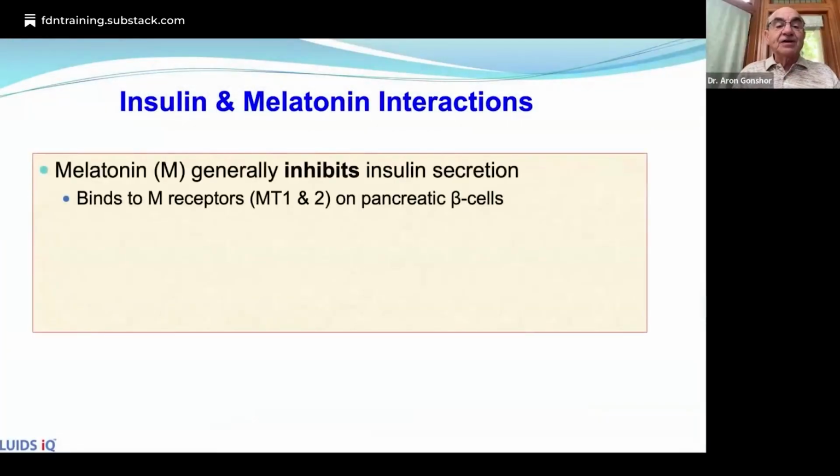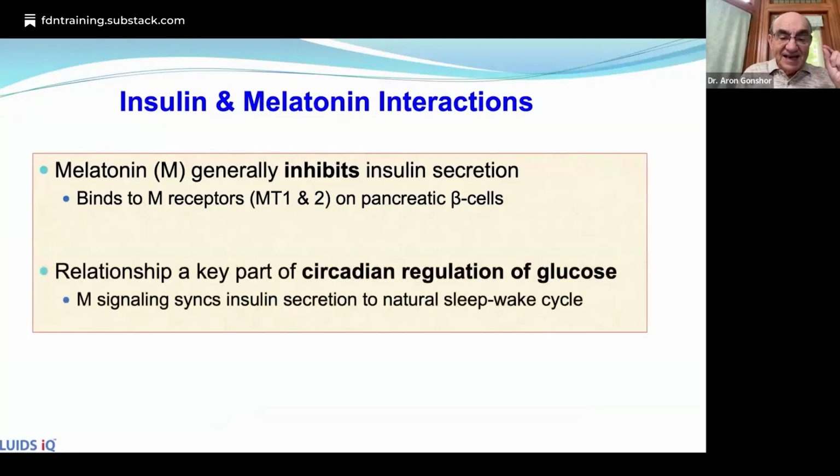Just a reminder, insulin and melatonin. Melatonin generally inhibits insulin secretion. And it has a relationship, which is a key part of the circadian regulation of glucose. And remember that I told you earlier about the melatonin effect and how it affects insulin.